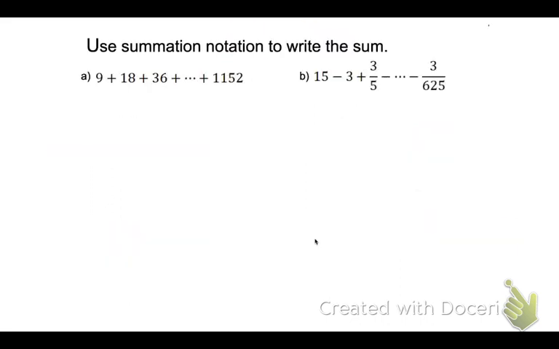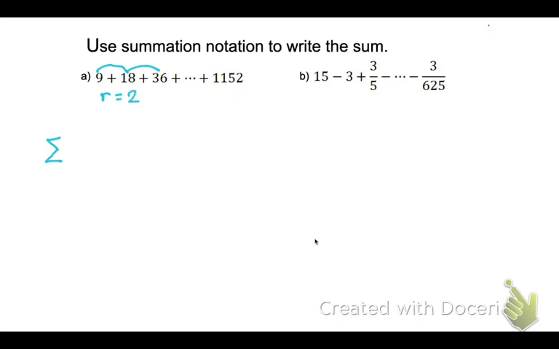Okay, use sigma notation to write the sum. So sigma is just the sigma, right? It's just this. So is it arithmetic or geometric what we got here? It's geometric. Here you're like, ooh, we add 9. But here, did we add 9? No. So r is 2.